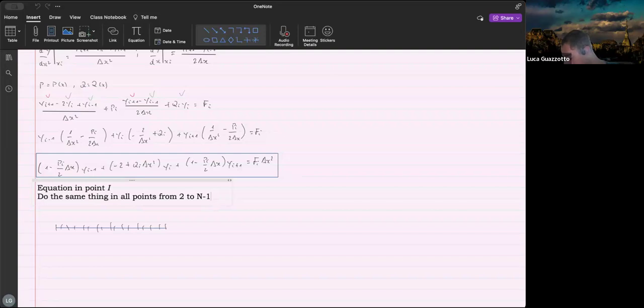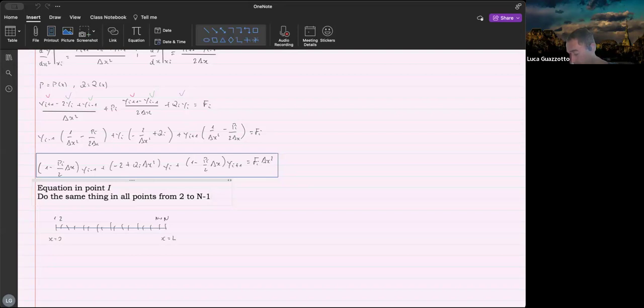Here I have x equals 0, x equals L, this is point 1. Sometimes you'll find that as point 0, it doesn't matter, you just number the points any way you want. This is point 2, this is point n minus 1, and so on.